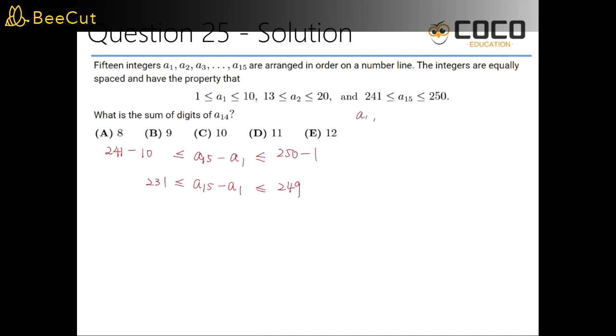So you can see A1, A2, A3, all the way to A15. Now there are 15 numbers, so we have 14 intervals between them. Between any two numbers, there's one interval.